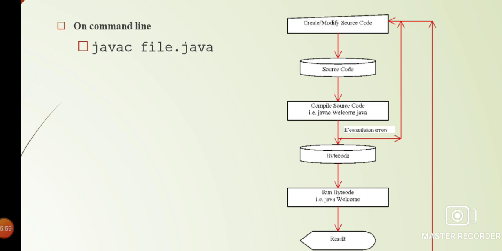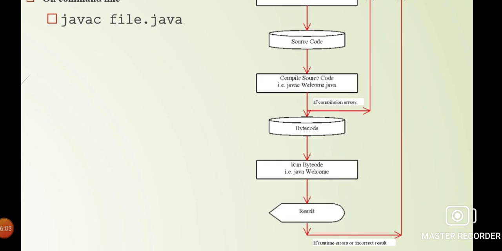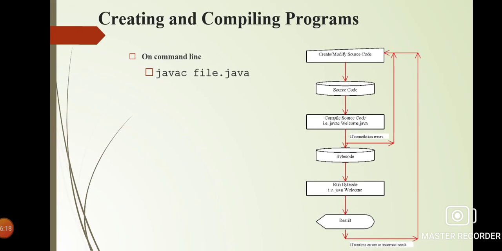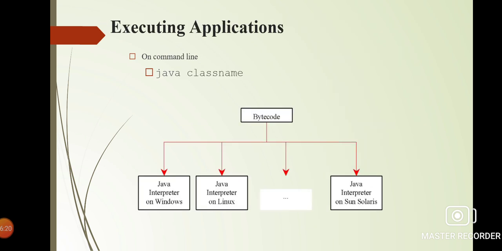If any error occurs, it is passed back to creating and modifying the code, or otherwise it is converted into bytecode, and next the bytecode is run. It prints the message Welcome to Java. Finally the results: if a runtime error or incorrect result occurs, it is passed on again to the source code of the program.